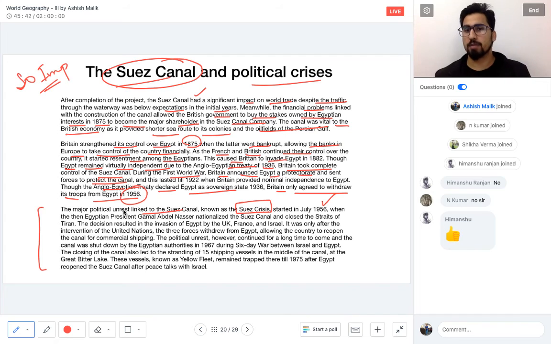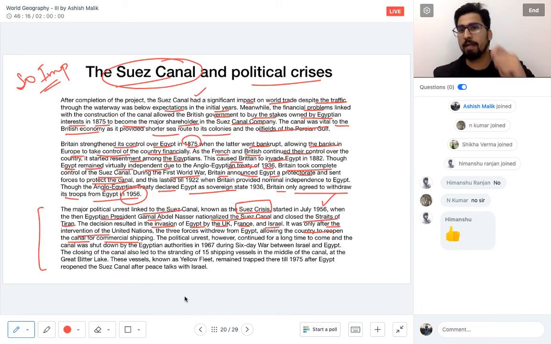The problem started when the Egyptian president, Abdel Nasser, nationalized the Suez Canal and closed the Straits of Tiran. The decision resulted in the invasion of Egypt by the UK once again, along with France and Israel. It was only after the intervention of the United Nations that the three forces withdrew from Egypt, allowing the country to reopen the canal for commercial shipping.